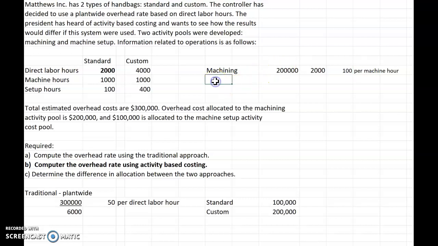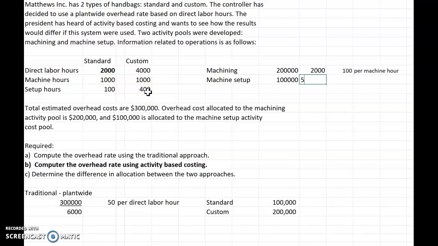And then for machine setup, our other activity, and again, this is a pretty simple example, we've only got 2 activities, but for machine setup, they're saying $100,000 is allocated to the machine setup activity, and it would make sense to use the setup hours as the allocation base. So 100 setup hours for standard, 400 for custom.